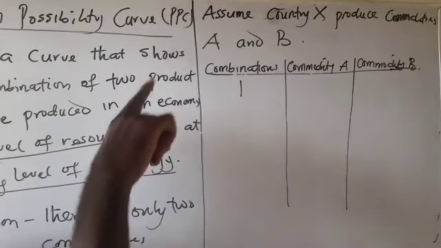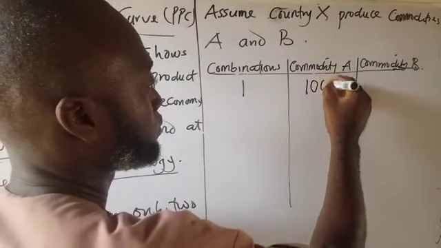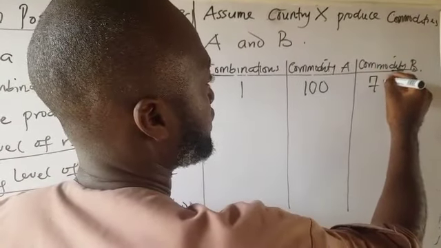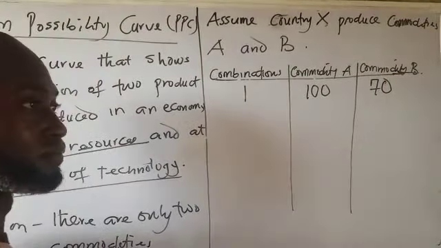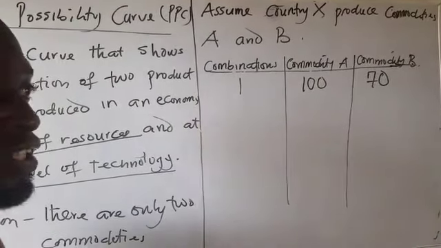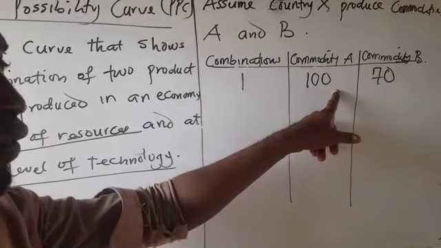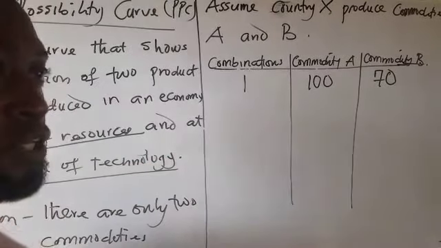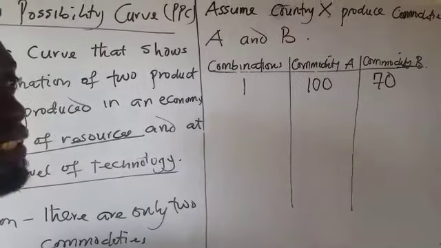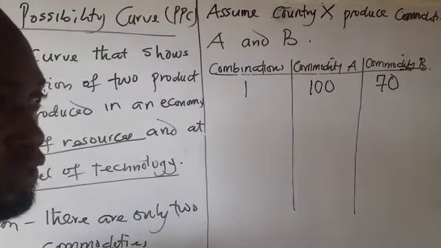Given a level of resources for country X, they may produce, let's say, 100 of commodity A and 70 of commodity B. What we mean is that if they use all the resources available at hand at that moment, they can produce 100 of A and 70 of B. But they also have the opportunity of changing the combination of these two products.